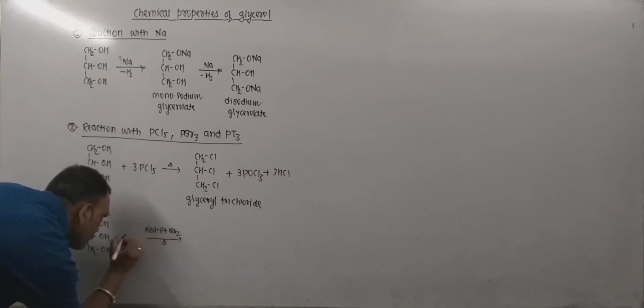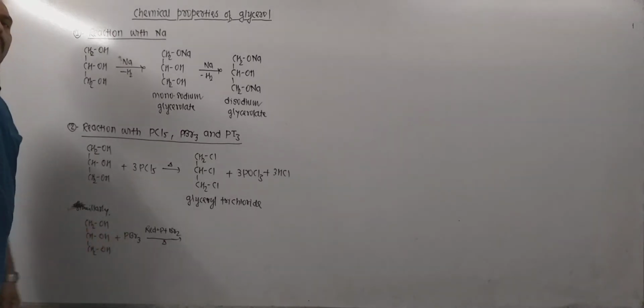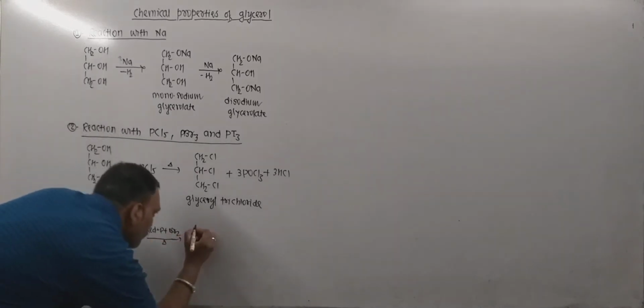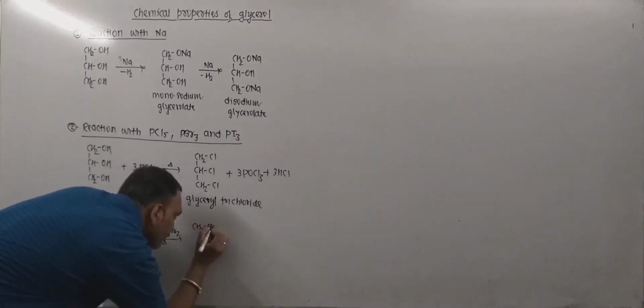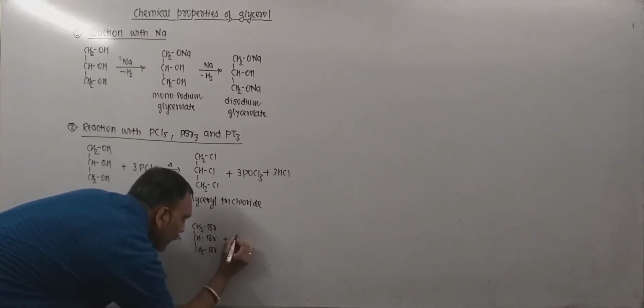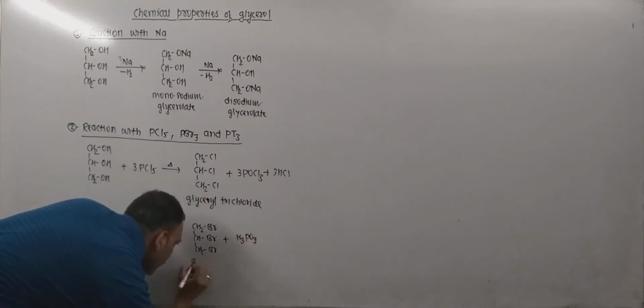Now red phosphorus and bromine react with each other producing PBr3, and PBr3 responds with glycerol, and thereby replacement of OH group takes place by bromine, and that lead to the formation of a product along with H3PO3.